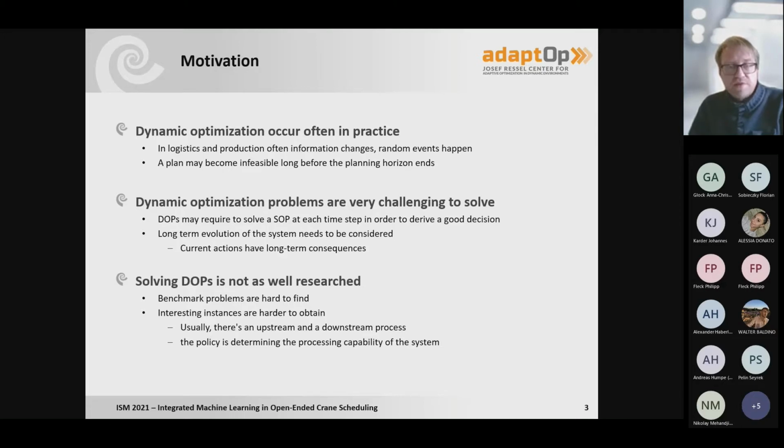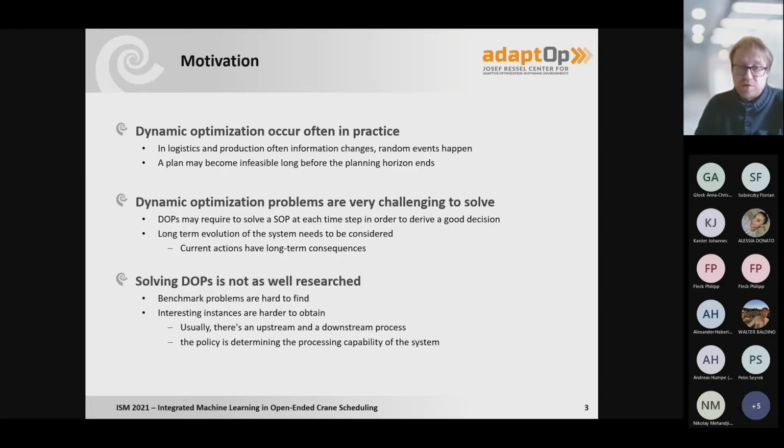Some motivation for why we do this: as I said, these problems occur in practice very often. We see rolling planning horizons and plans becoming infeasible long before the planning horizon ends. The question would then be, why do you consider such a long planning horizon? Because you're suggesting actions now which have an impact much further along the line.